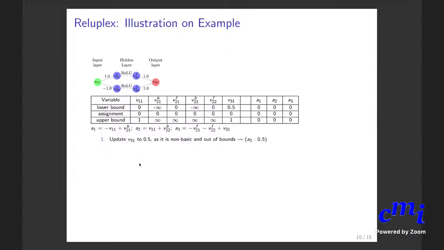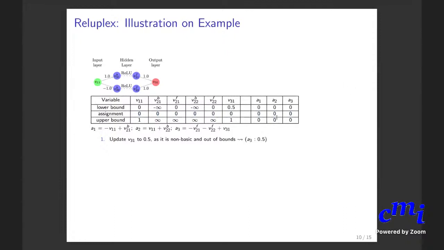Okay. So first, A1, A2, A3 are the slack variables, and these are all the other variables, the input, output, and internal node variables, which are all the primary variables. Now here, right at the start, V31 has the initial assignment of 0, as we start the simplex procedure.